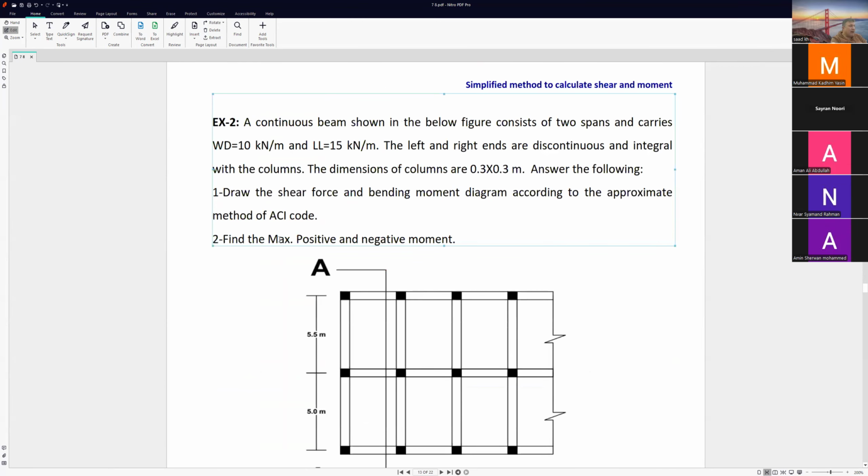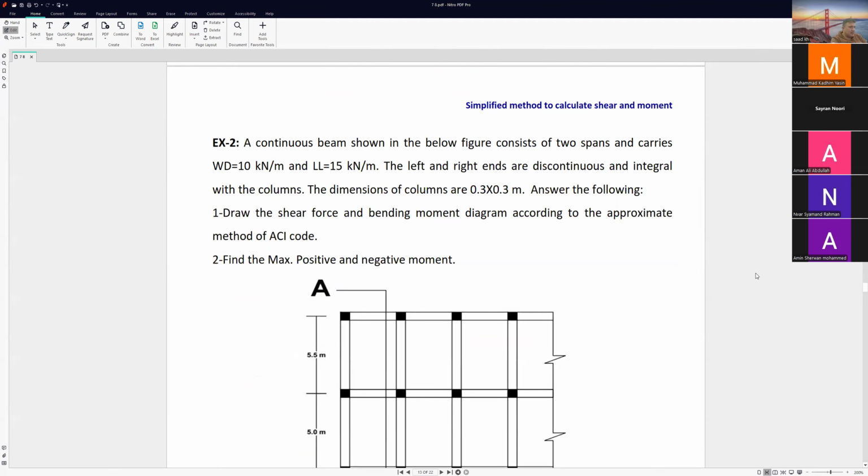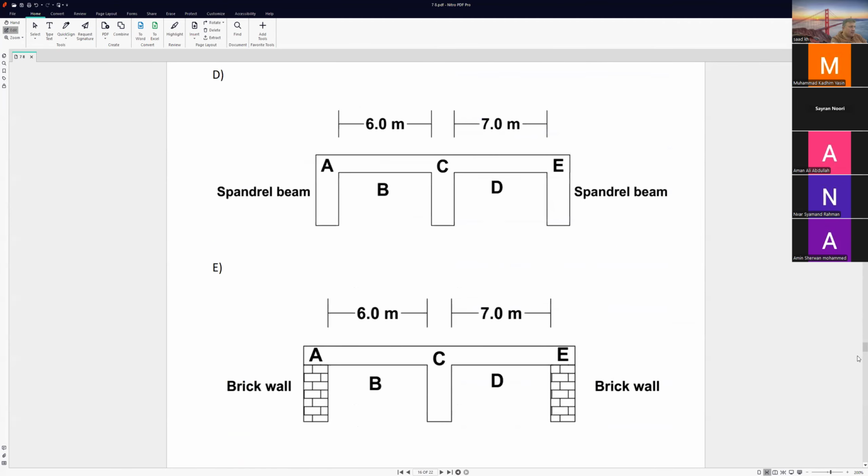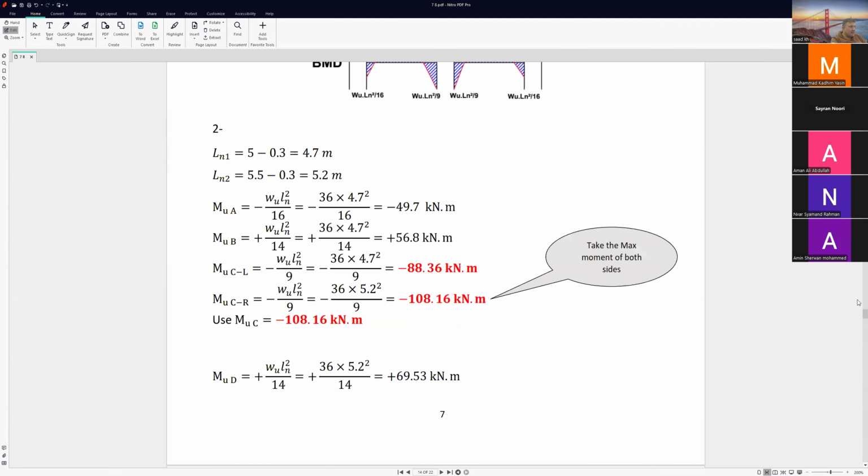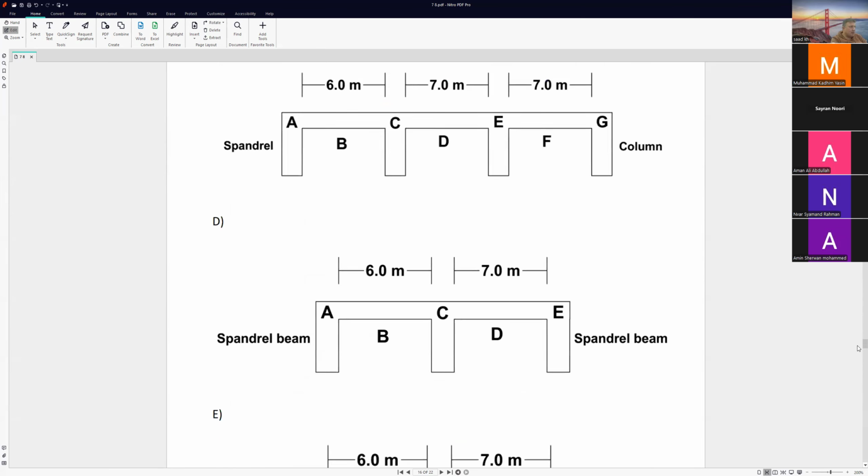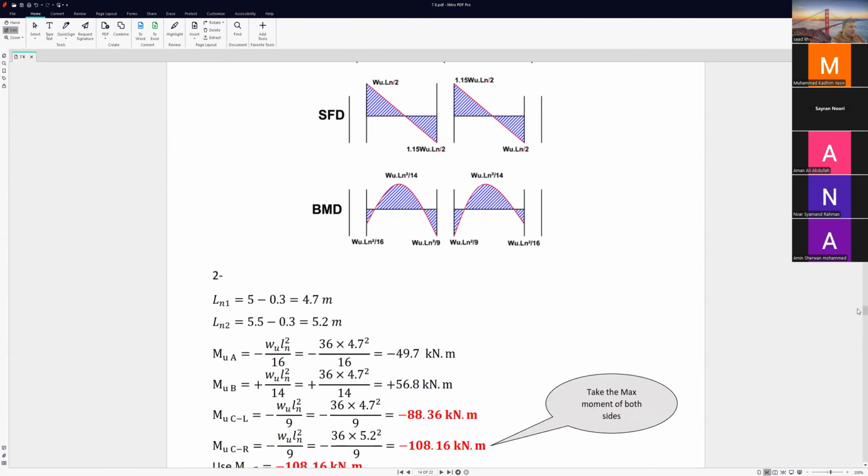And this is another example. After this example, we have some homeworks. You should solve them.